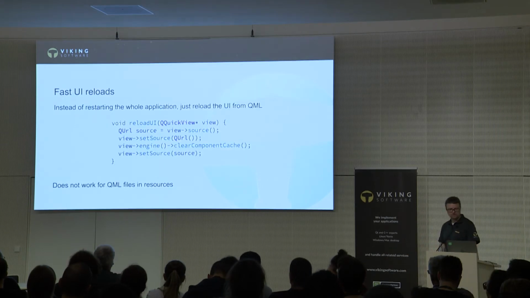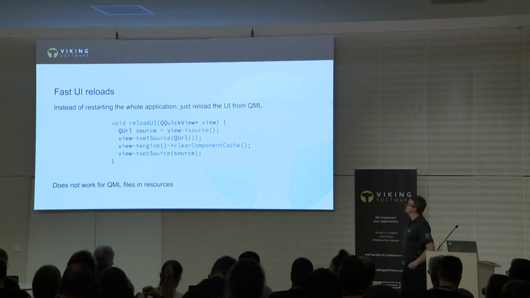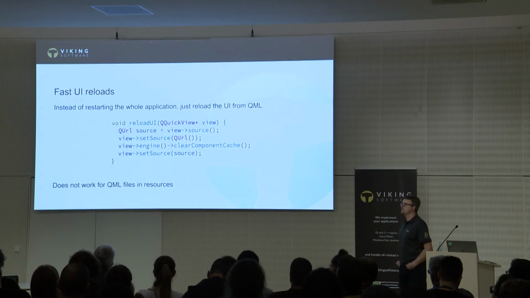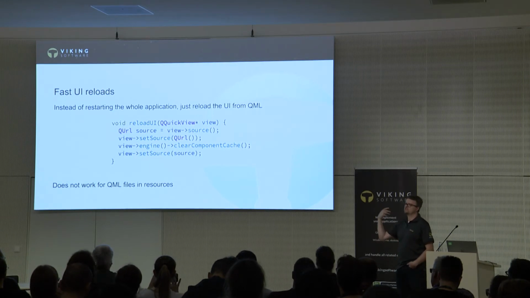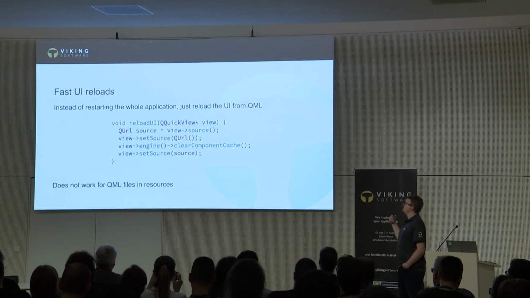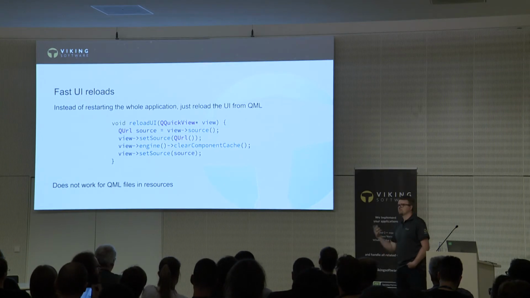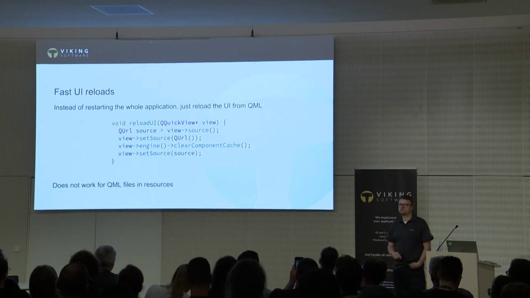So going on. The next one that I really like using is a fast reload of the UI. So in QML, instead of compiling your application, starting your application especially, every time you change something in the code and you want to test it, you can do it a lot faster with this reload.